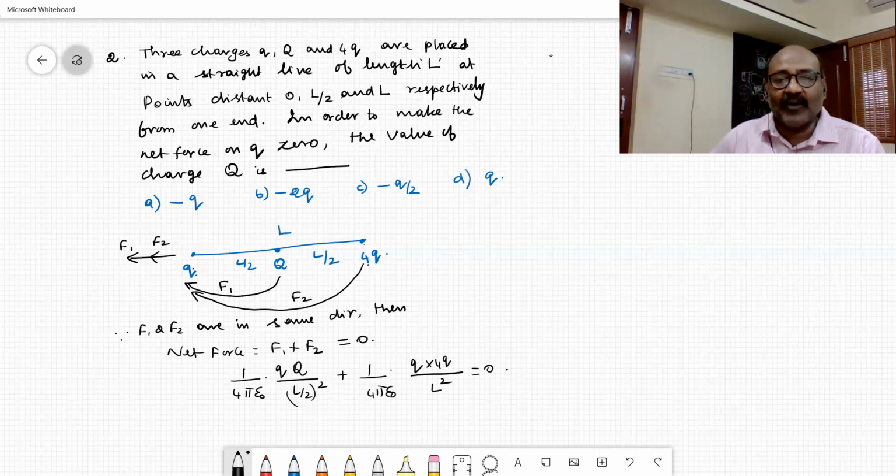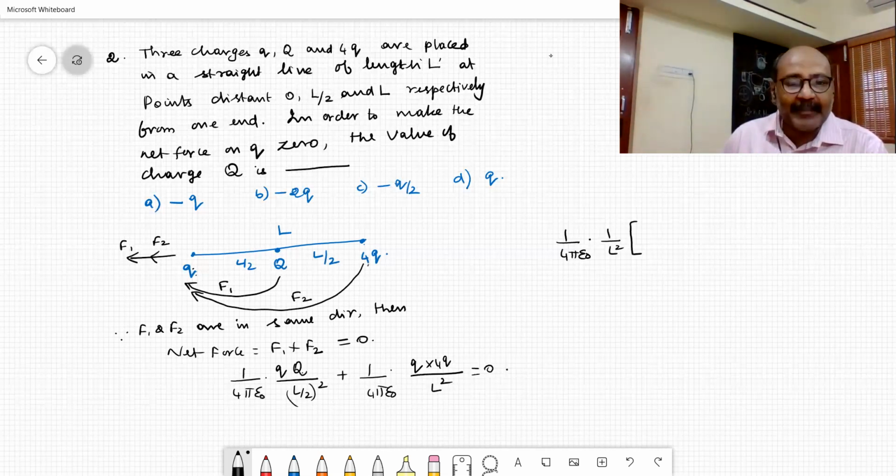I can take 1 divided by 4 pi epsilon 0 as common. Then 1 divided by L square is also common. So what is the remaining? Small q and capital Q. I can take small q also as a common factor. What will be the remaining?